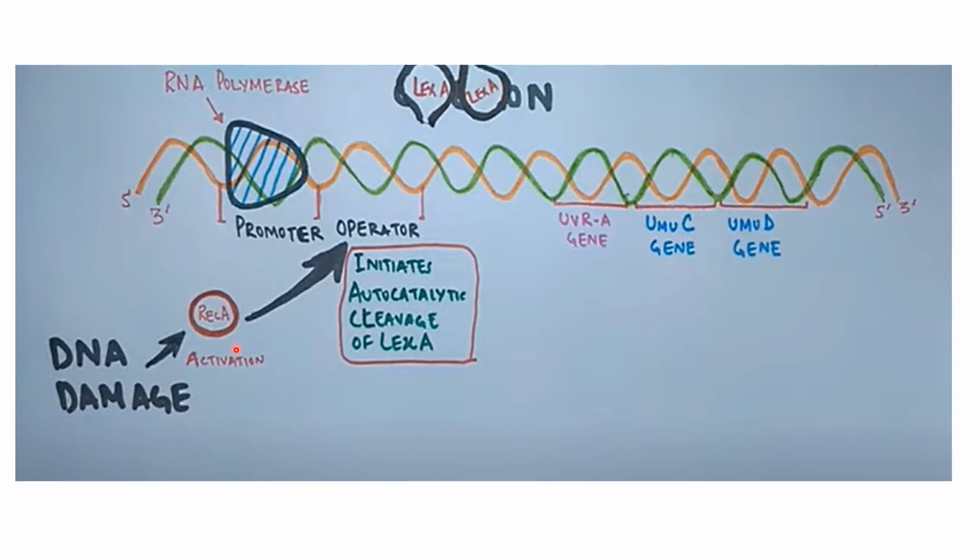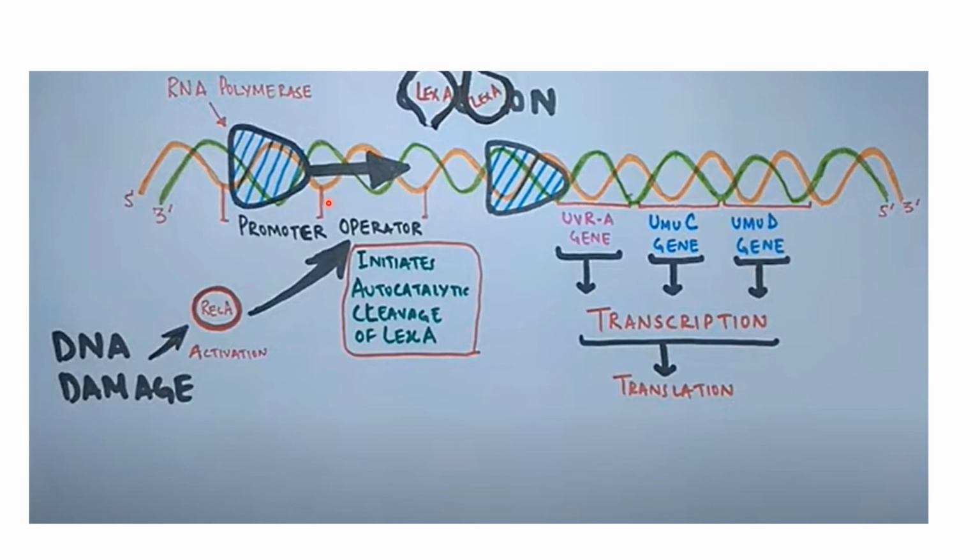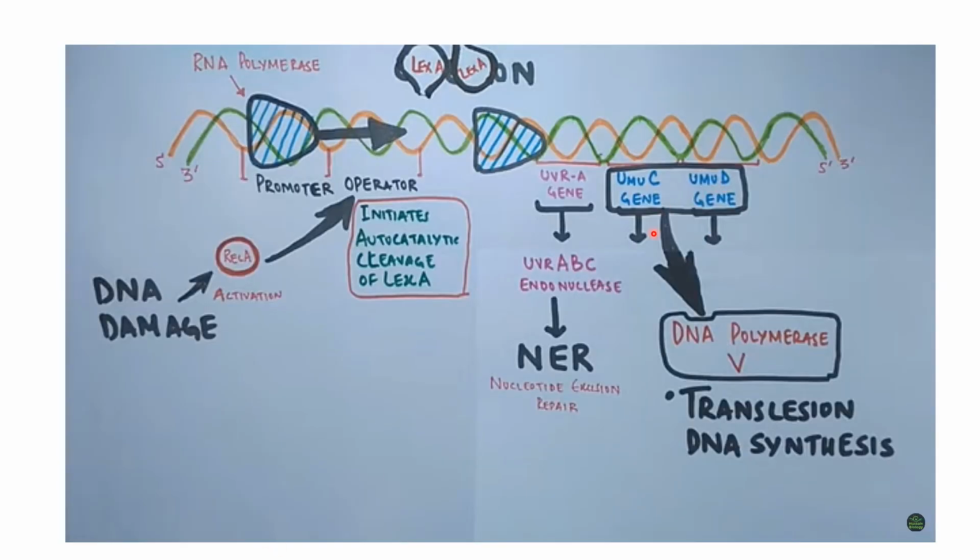The REC A protein gets activated and it will initiate autocatalytic cleavage of LEX A. Thereby, there is destruction of this structure of LEX A. Now, the RNA polymerase is free to move and it undergoes transcription and translation. Further, it may induce the nucleotide excision repair or the translesion DNA synthesis by the DNA polymerase 5 enzyme.